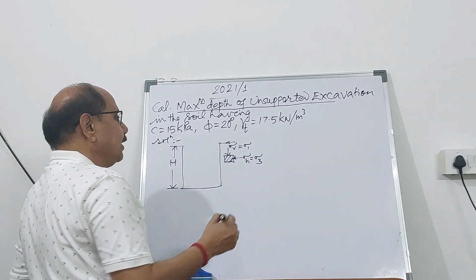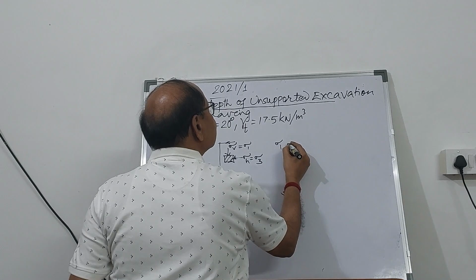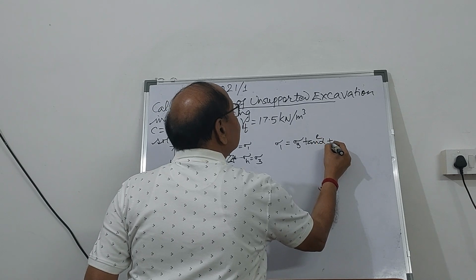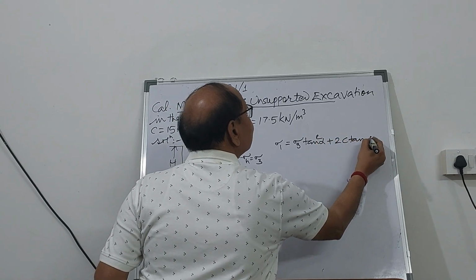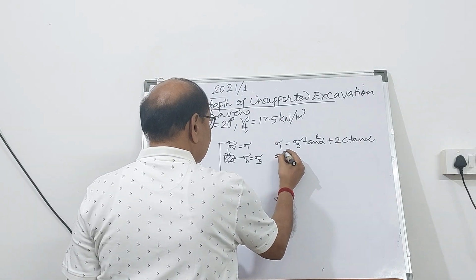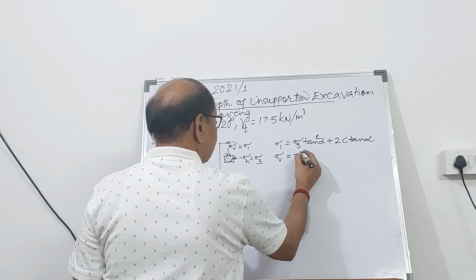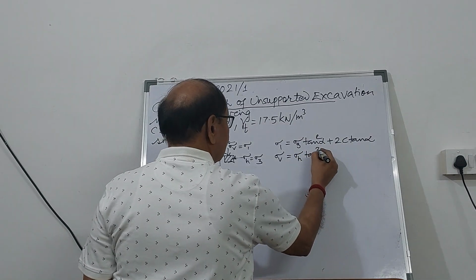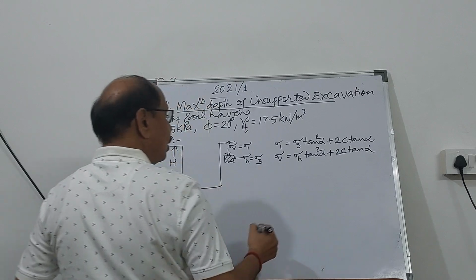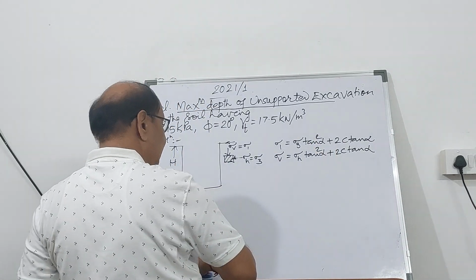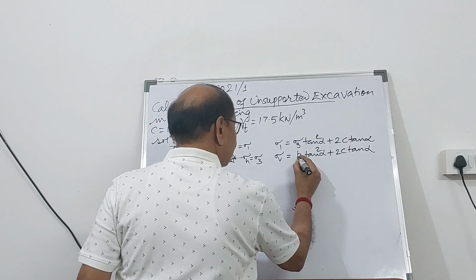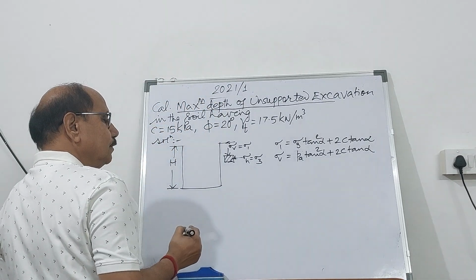Naturally, the relation between sigma 1 and sigma 3, you know, sigma 1 equals sigma 3 tan square alpha plus 2c tan alpha in cohesive soil. This is the vertical pressure, this is the horizontal pressure. The horizontal pressure is the active pressure because it is going to be in tension, right?